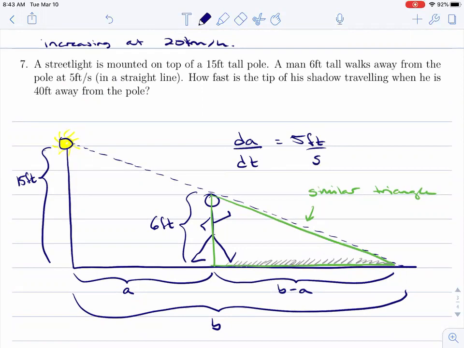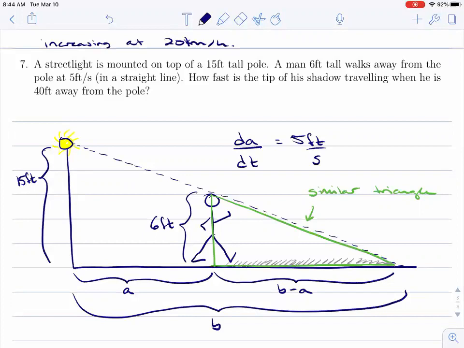Is that fast? I feel like that's fast. Feels like a long distance to go in 1 second. Anyways, doesn't matter. Yeah, he's sprinting away from the pole.